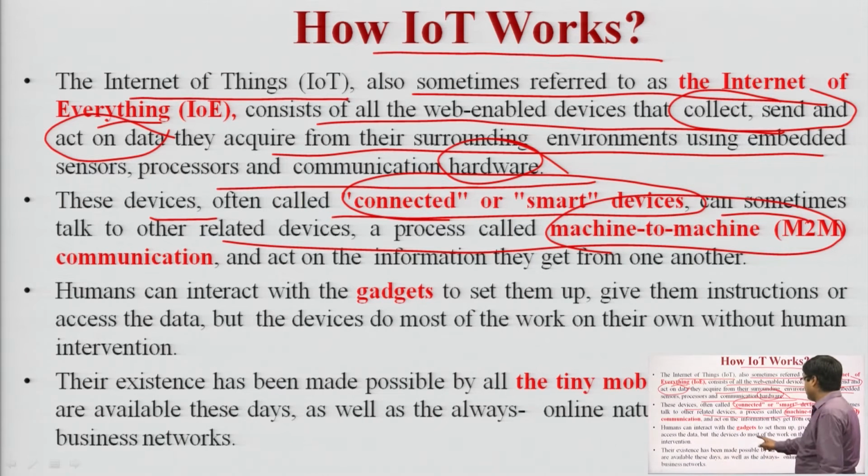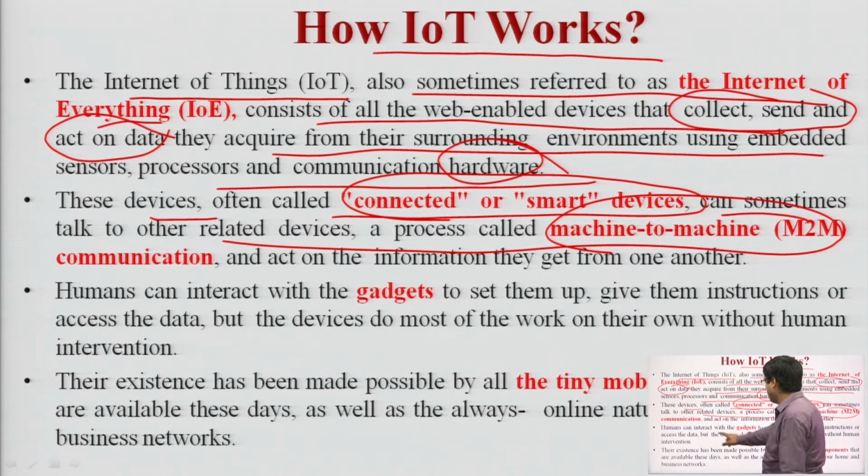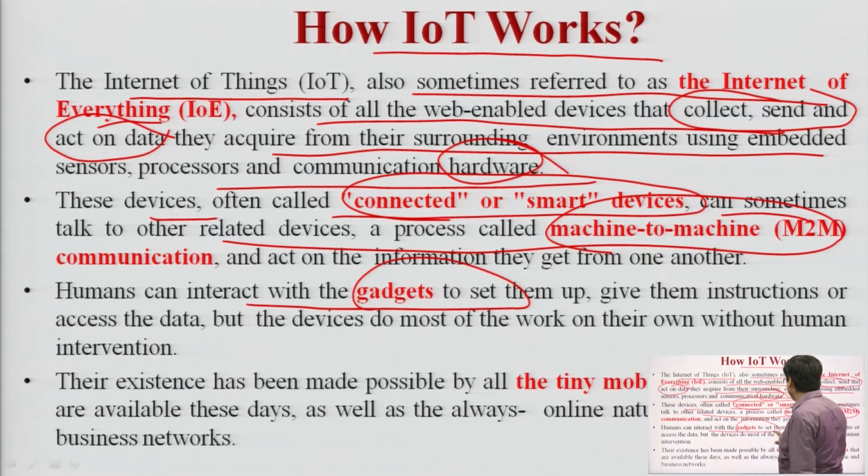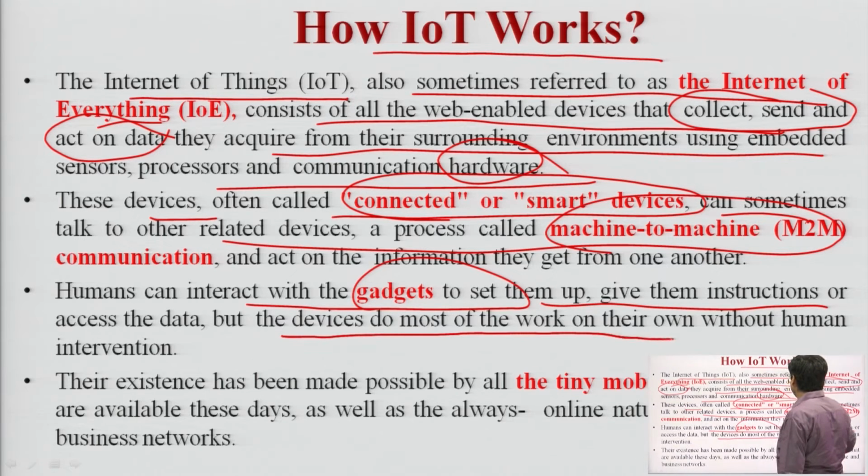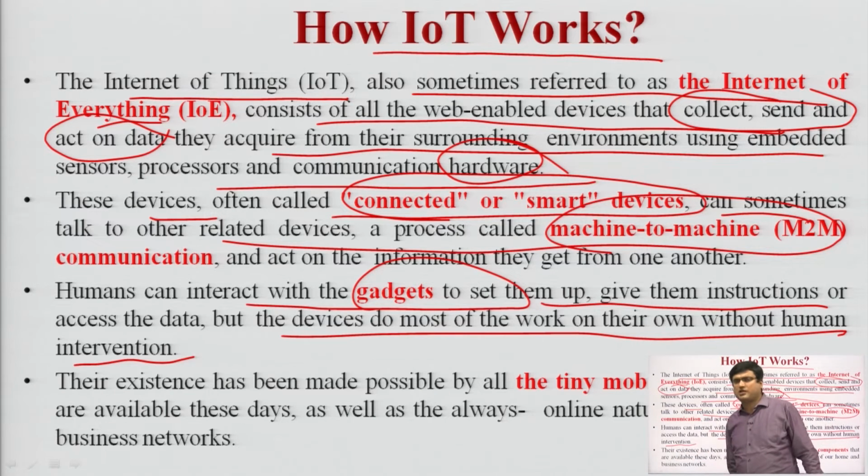Humans can interact with the gadgets to set them, give them instructions or access the data, but the devices do most of the work on their own without human intervention. So what is going on here? All the devices are capable of connecting with other devices without human intervention. There is no role of a human.